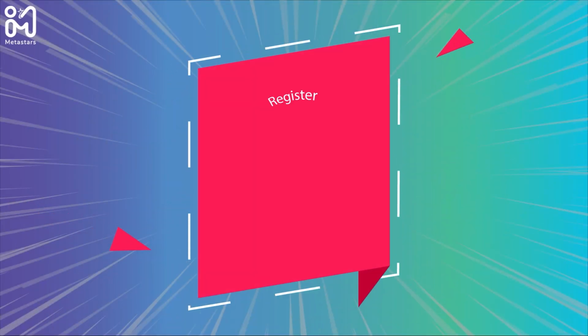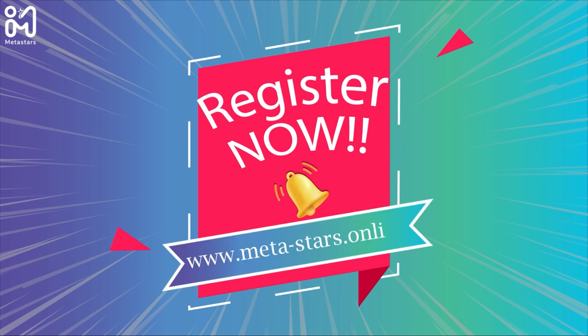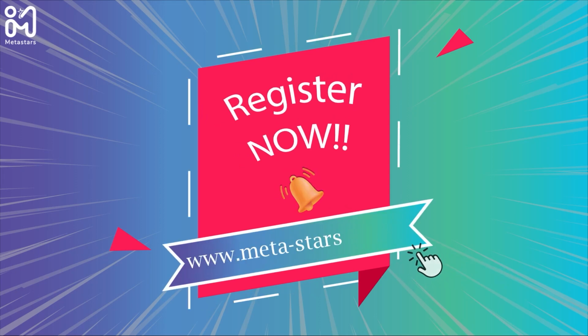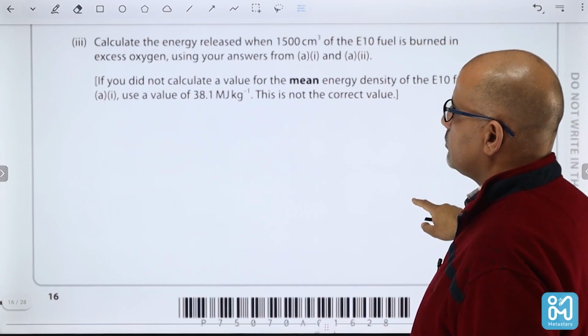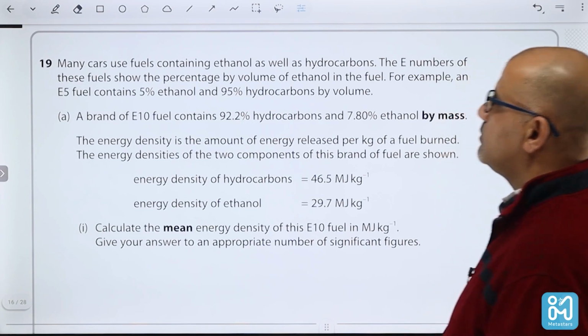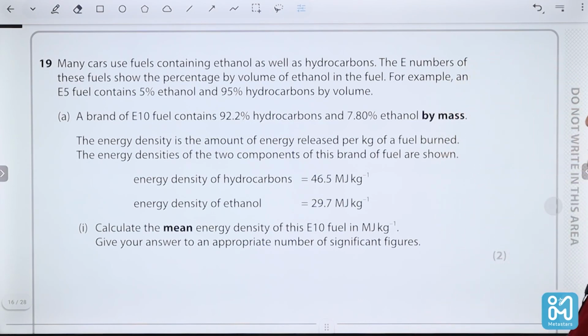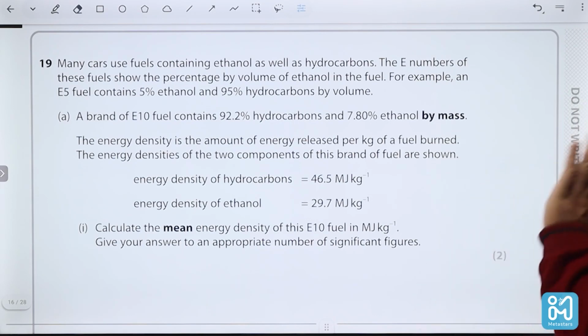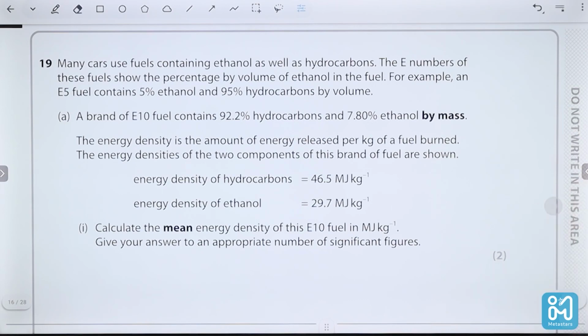Now, the next question, 19. Many cars use fuel containing ethanol as well as hydrocarbon. The E number of these fuels shows the percentage by volume of ethanol in the fuel.